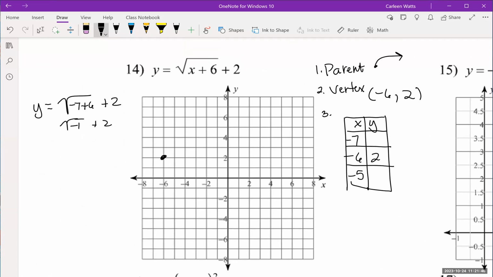The square root of -1 is imaginary. It's like a Halloween point. It's a ghost, right? There is no real number. It's imaginary. Now let's do -5. Y equals square root of -5 plus 6 plus 2.